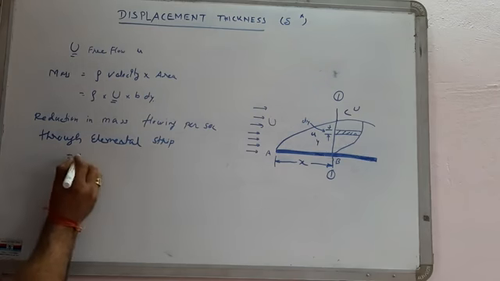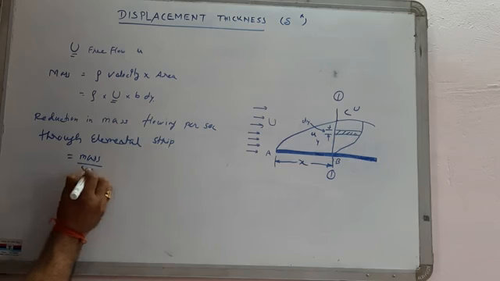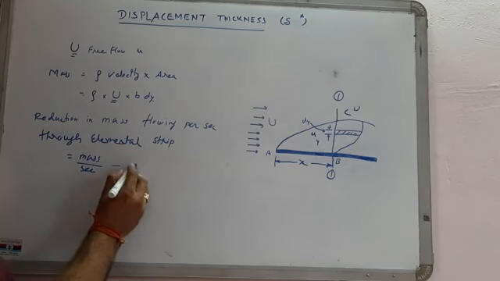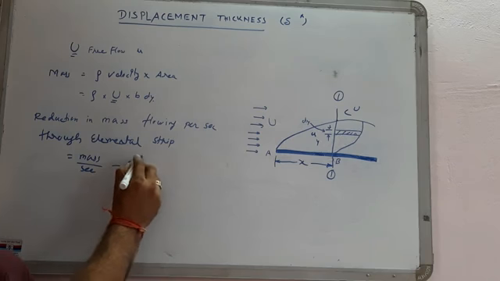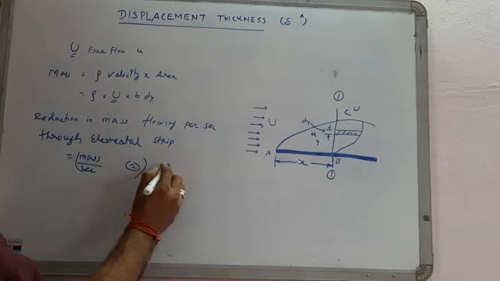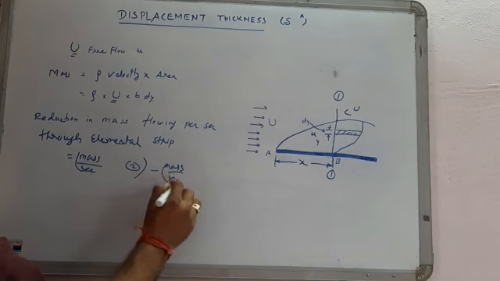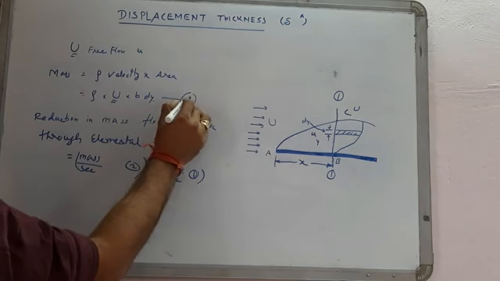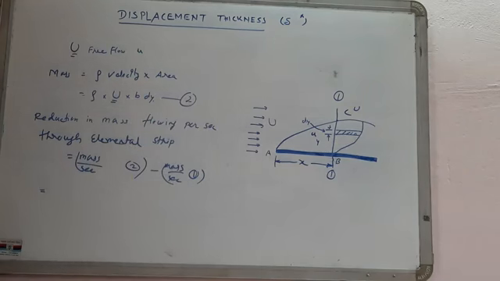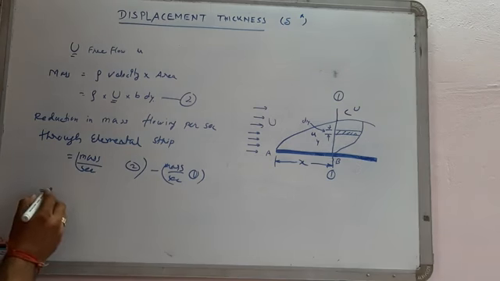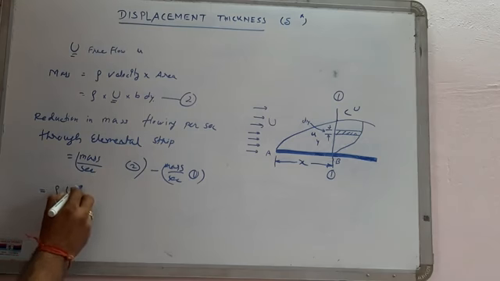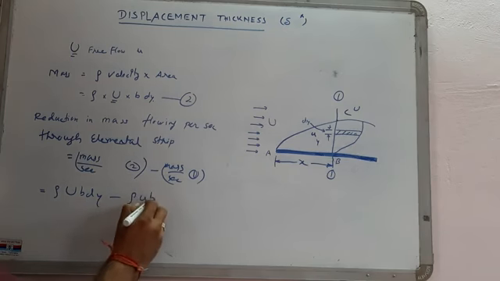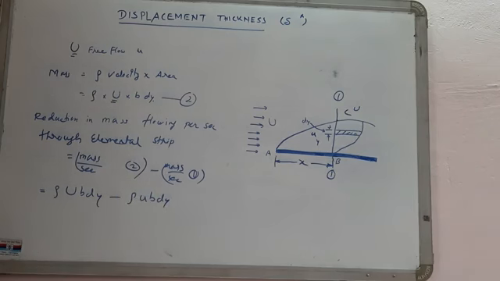So that is equal to the mass per second given by equation 2 minus the mass per second of equation 1, that is rho U b dy minus rho u b dy.